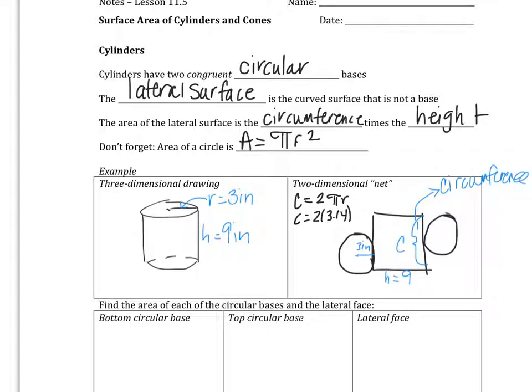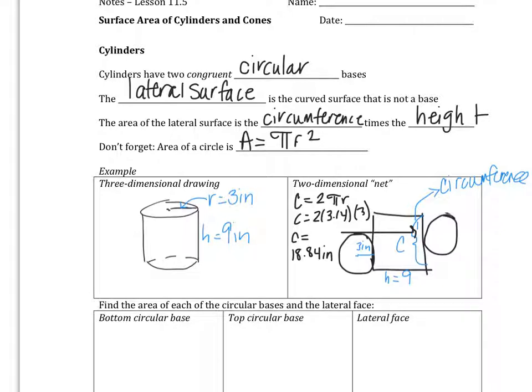The radius is 3 inches, so that's going to be a 3. And so we do the math on that. The circumference is going to be 18.84 inches. The reason that's important is because that circumference is that side length right there.